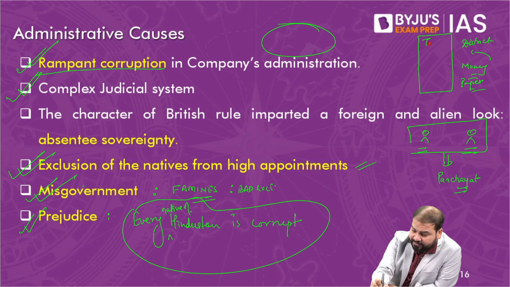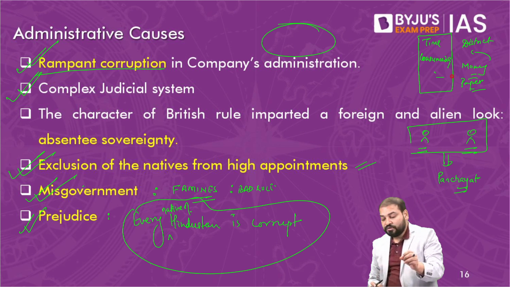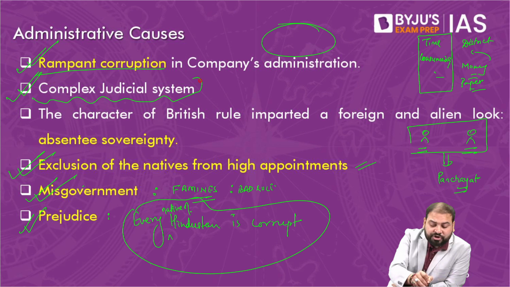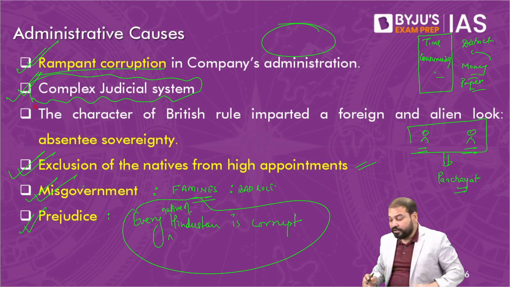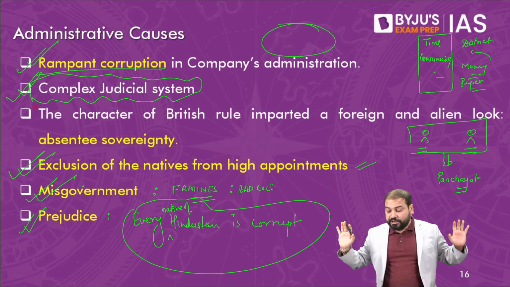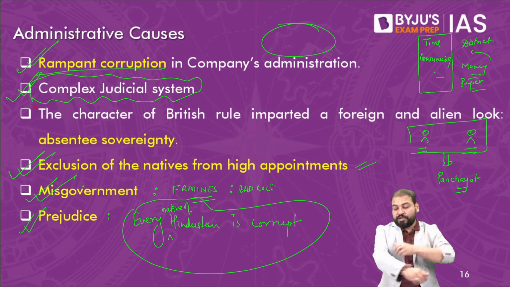Yes, it is very, very time consuming. And on top of that, the rules are different for the British and the Indians. Don't you think the modern judiciary brought by the British is very, very tough for an ordinary Indian? All of you, tell me, is point number 2 clear?